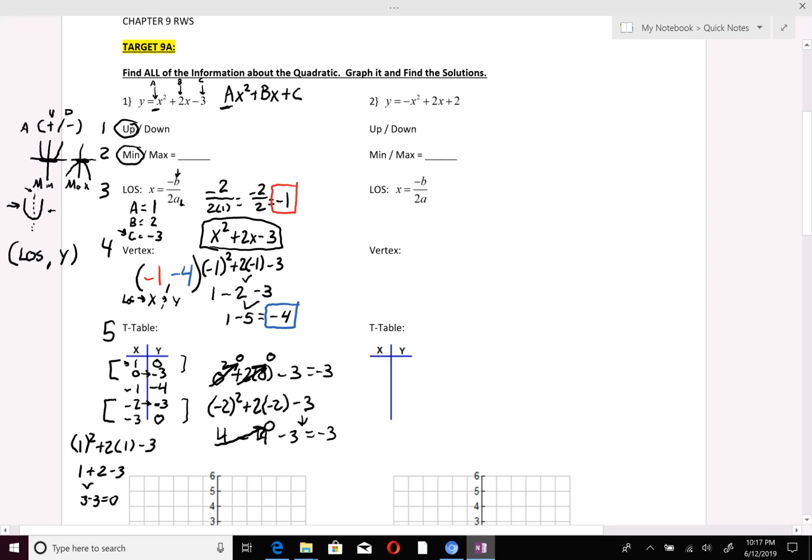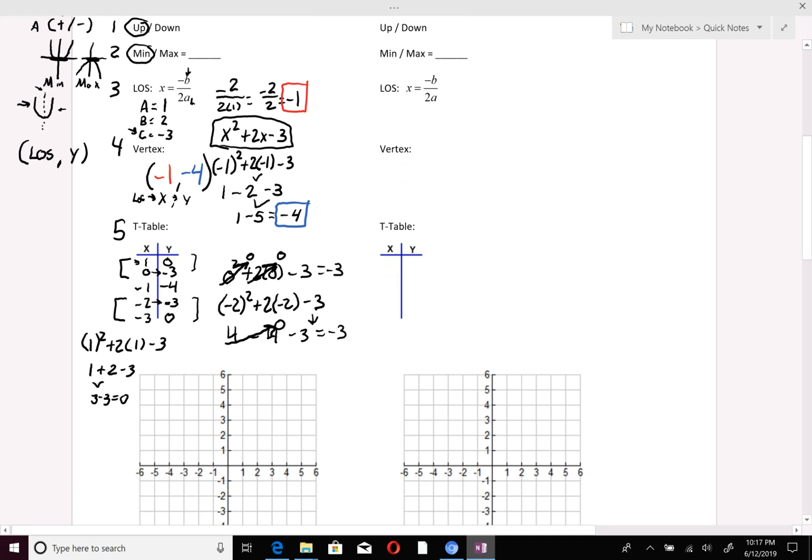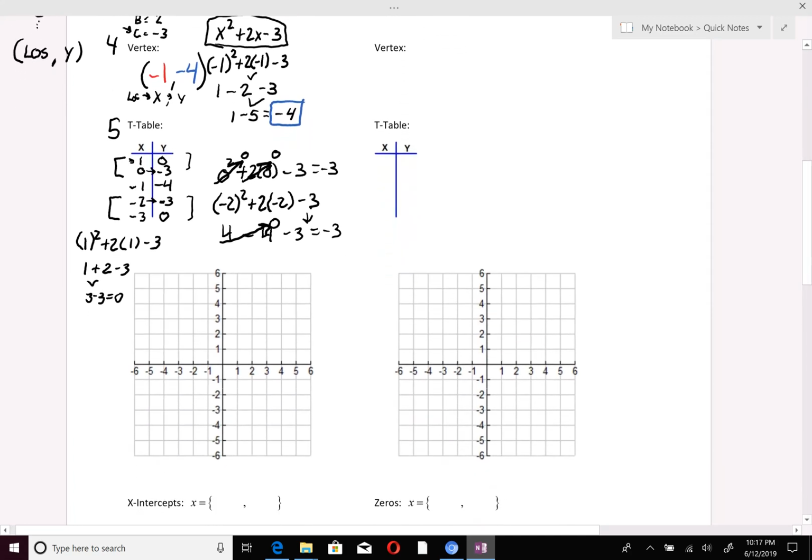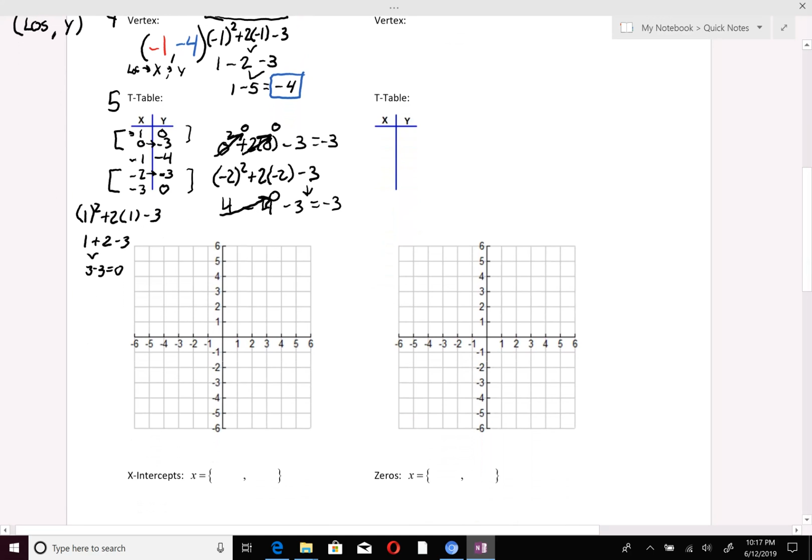And the last thing for this problem is to plot our points. So I'll do our negative 1, negative 4 first. So I do my x values, and then my y. So I go to -1, -4. I'm going to remove this little arrow.